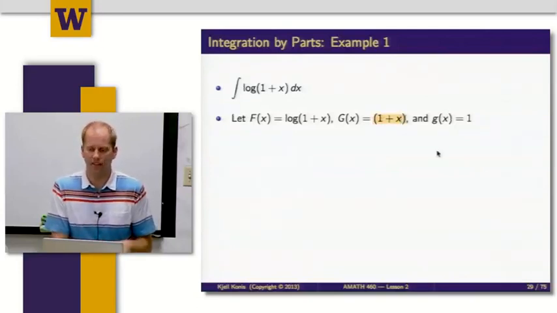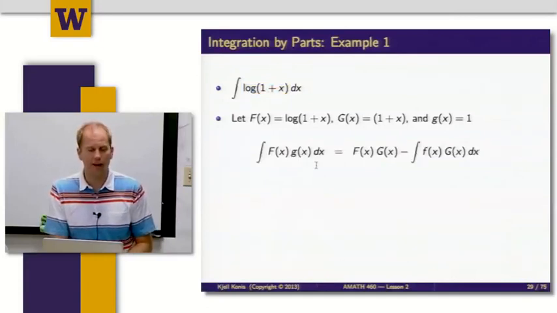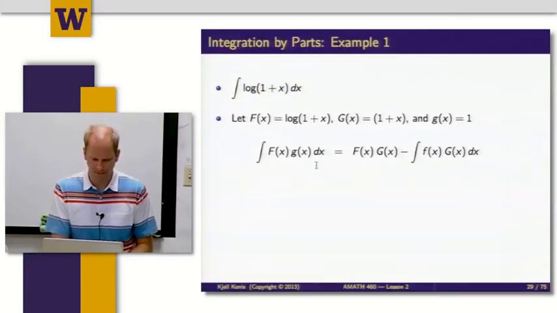It's just going to be a constant. It's going to be 1. So I can write this function here as capital F of x times little g of x. So this was my integration by parts formula.